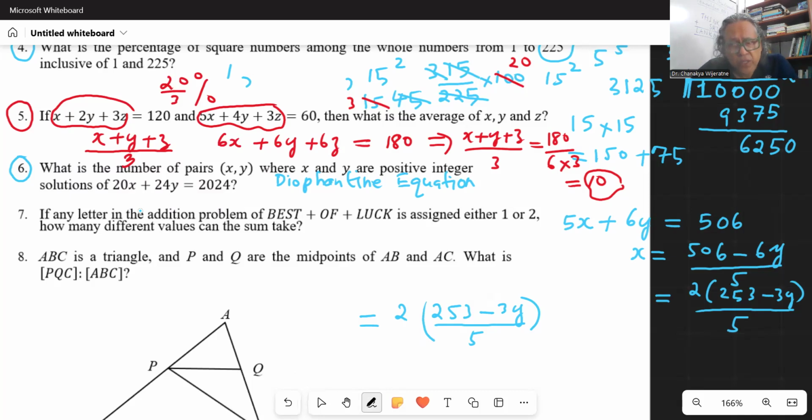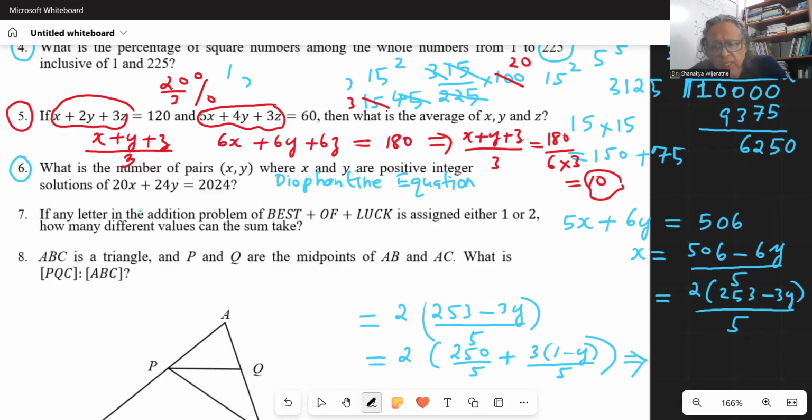So I'm going to write 253 as 250 over 5 plus 3 times 1 minus y over 5.